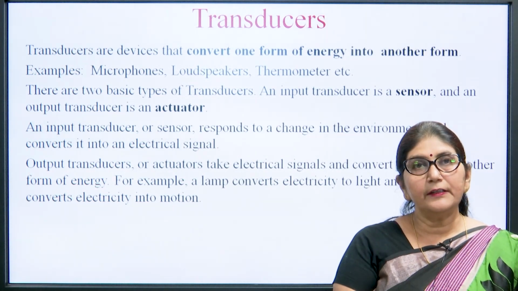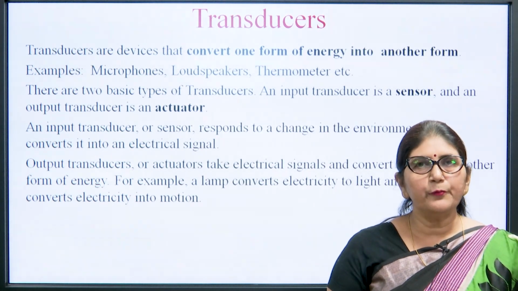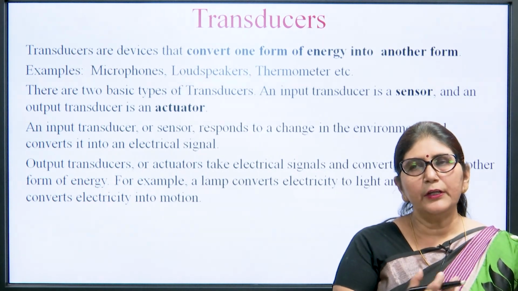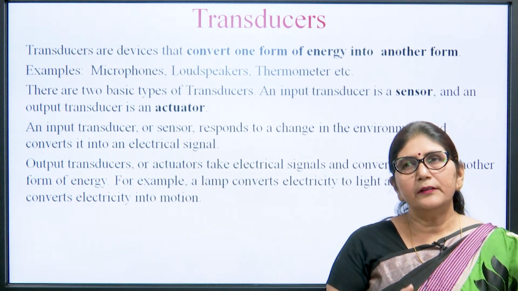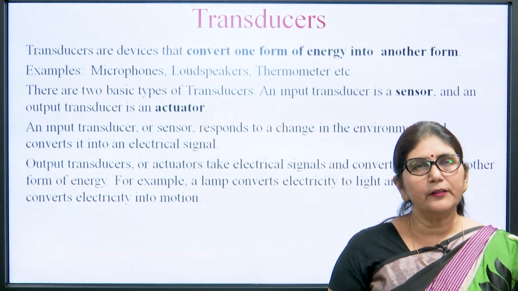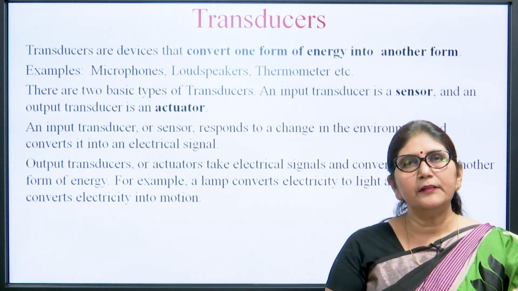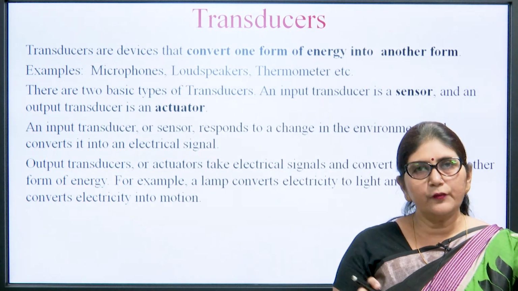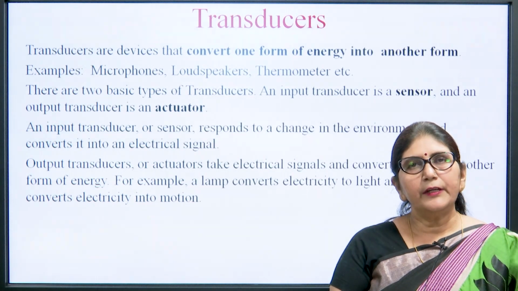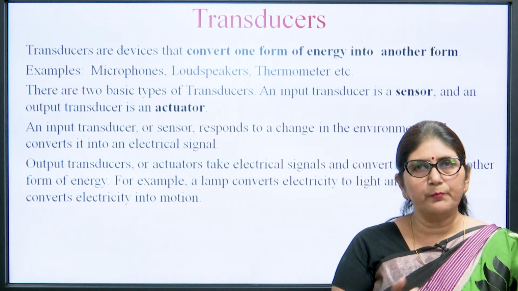Then that electrical signal has to be reproduced on some type of instrument. Suppose we want to convert temperature into an electrical signal, and that electrical signal we need to display. For displaying, this electrical signal has to be converted into a displacement. That is done by a voltmeter or ammeter, and we can calibrate the voltmeter in terms of temperature, and it will give the value of temperature.